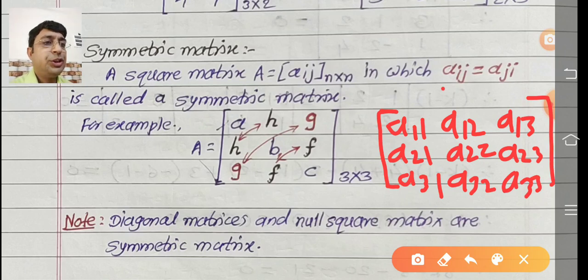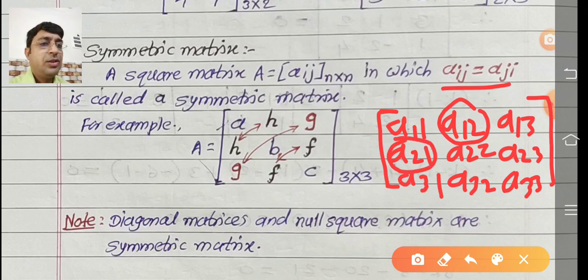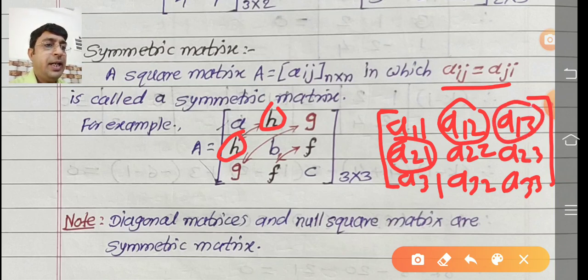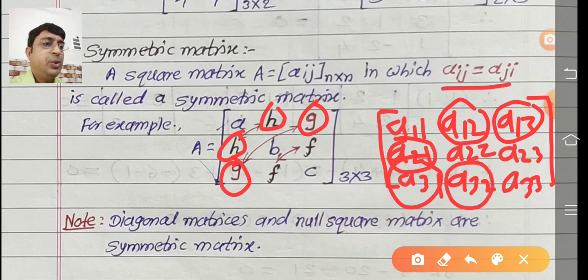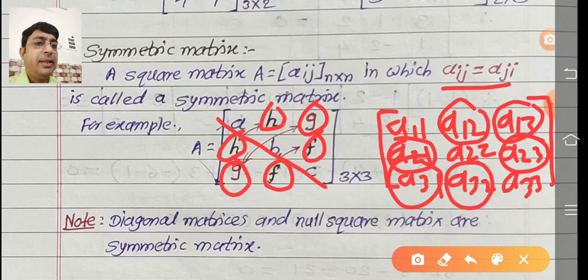So check the position. This condition is satisfied. So A12 is equal to A21, the same element is present in the matrix. Next A13 and A31, the same element is present here. A32 and A23, the same element is present, and diagonal elements are any. So this type of matrix is called a symmetric matrix.